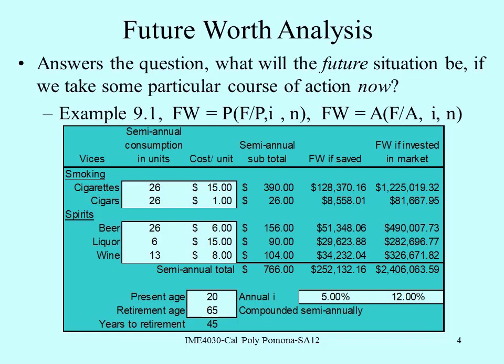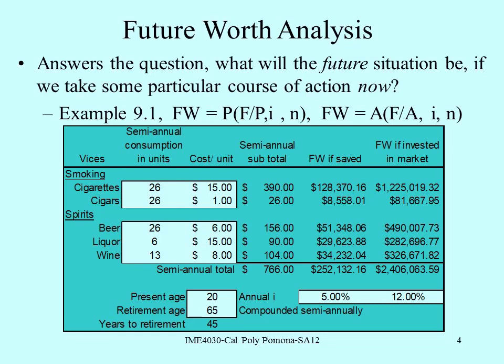Then you would get those cash flows that are shown out there. And if you added all those up, you see that that's a future value at 5% of almost $250,000, or at 12% of $2.5 million. Wow, those are pretty big numbers, aren't they?